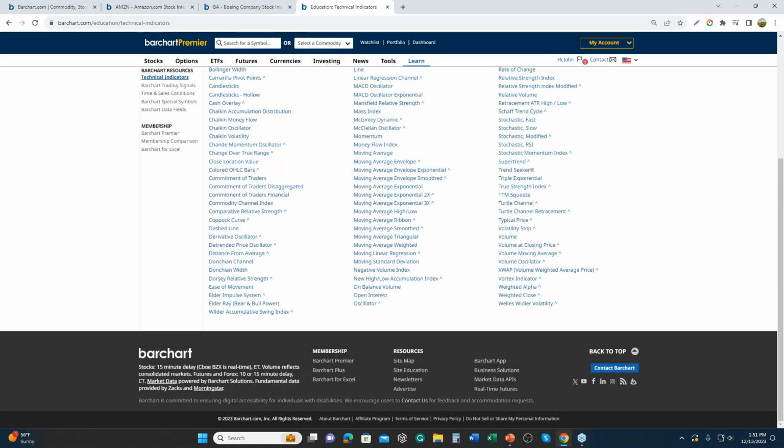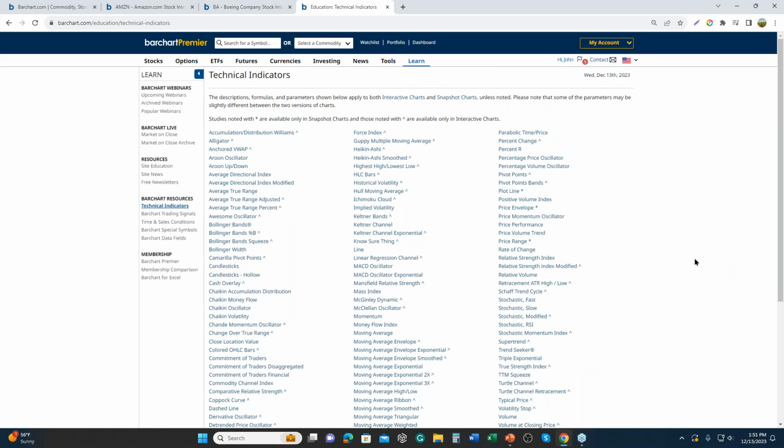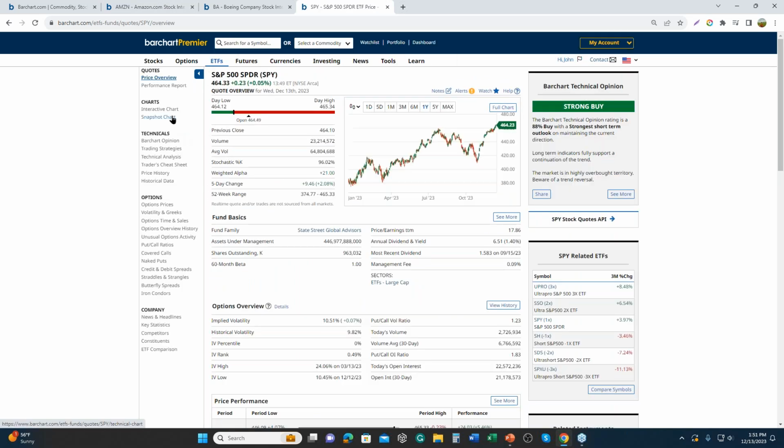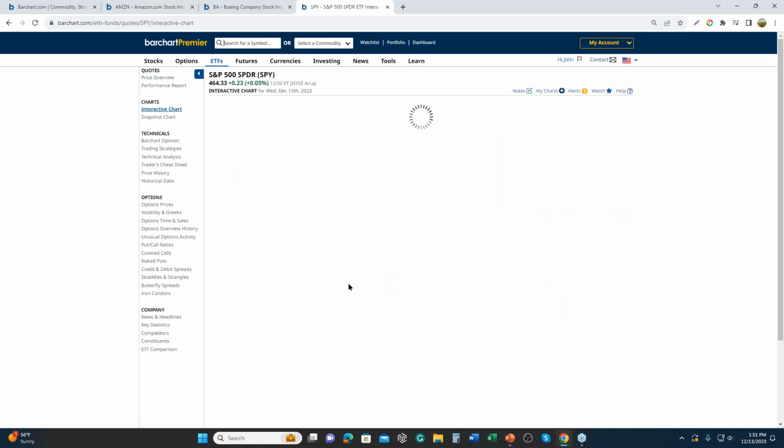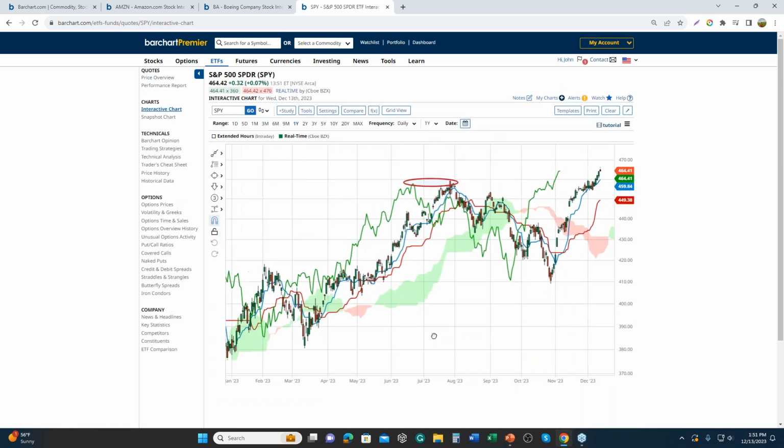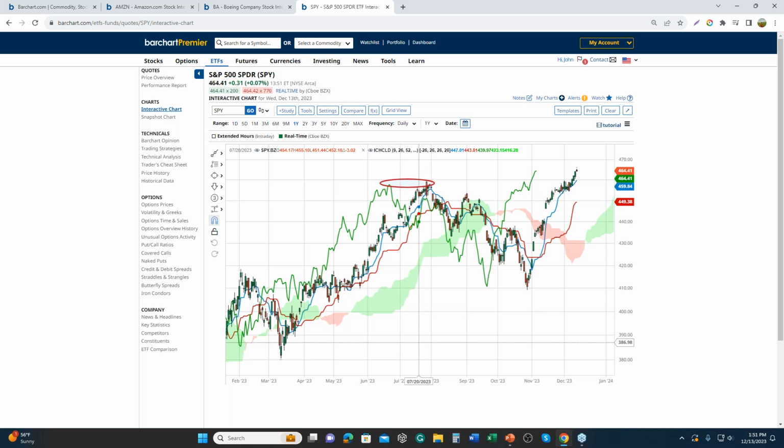One of the questions I see here is, does this work in multiple time frames for, let's say, day trading? Like all trend following systems or technical indicators, it's important to understand that the higher the time frame, the more relevant the trend following system. So yes, you can use it in multiple time frames.